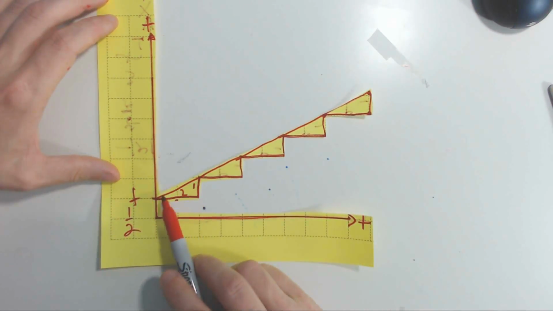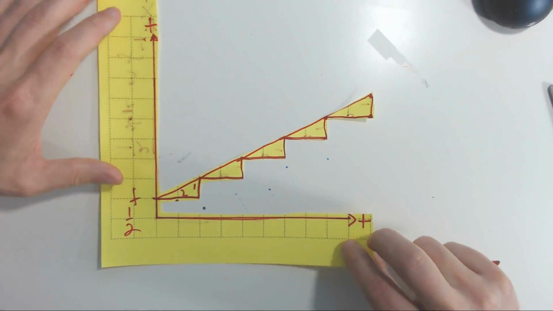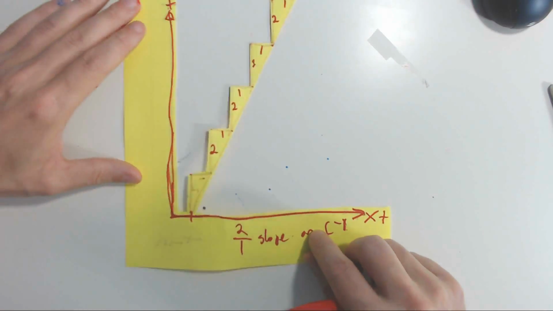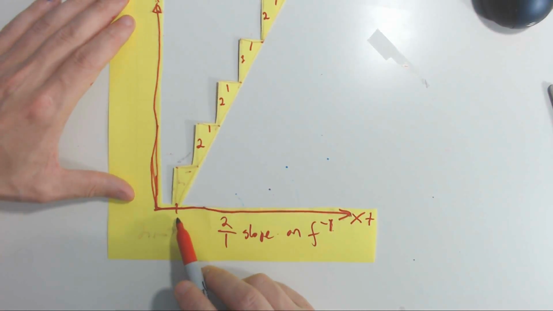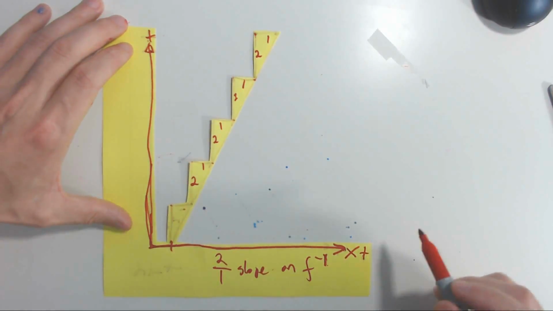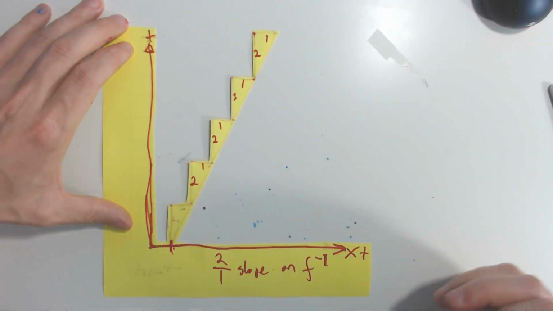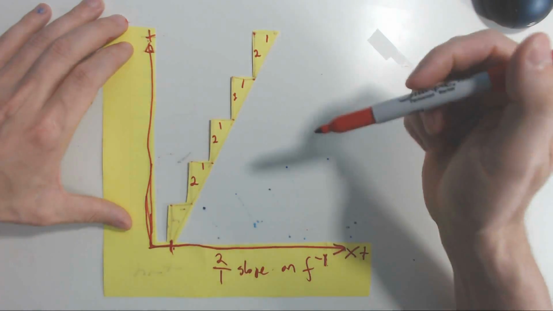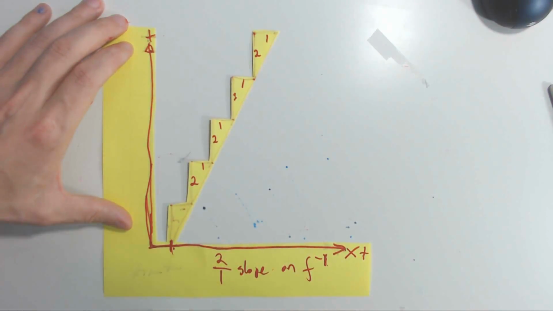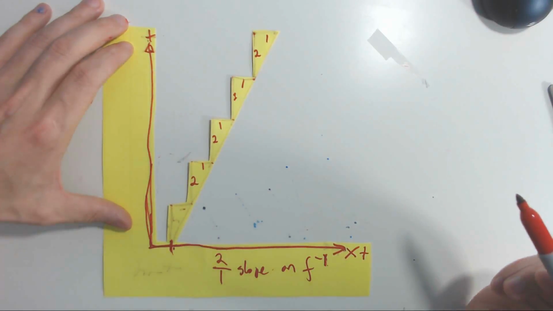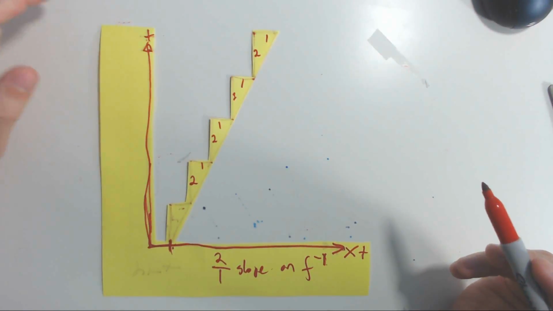When you form the inverse, look at it carefully. The original y-intercept becomes the new x-intercept on f inverse. You see that? Right here, because now this is the horizontal axis. So you reciprocate the slope, and on top of it, the y-intercept on the original becomes the x-intercept on this new line, on f inverse.